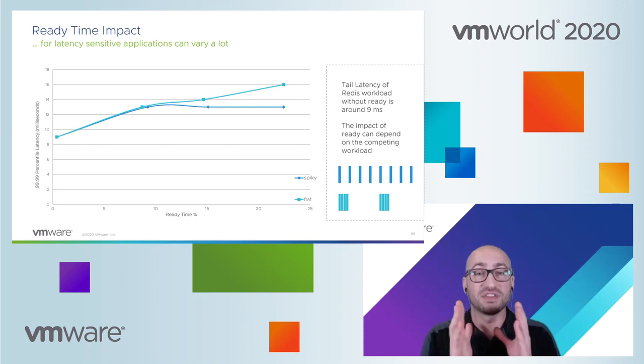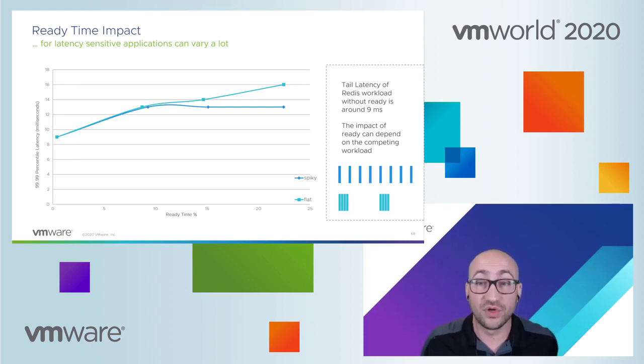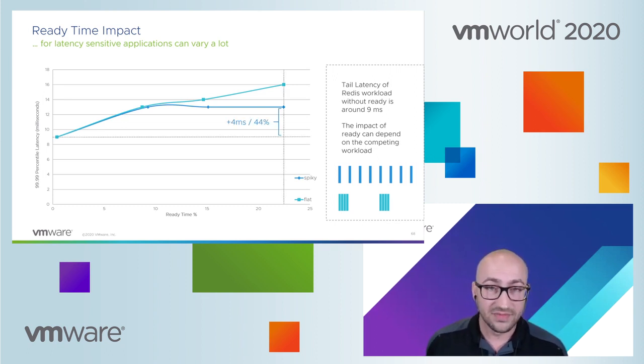If it doesn't wake up as often and does the same ready time in shorter bursts, then it potentially cannot wake up as often, meaning the latency will be higher. And the impact here, again, for those outlier latencies is actually 44% if it's spiky and 77% if it isn't.